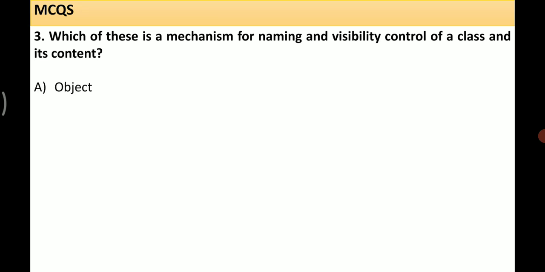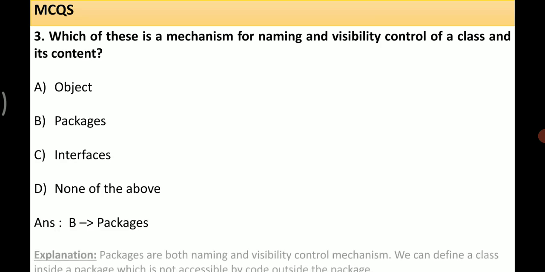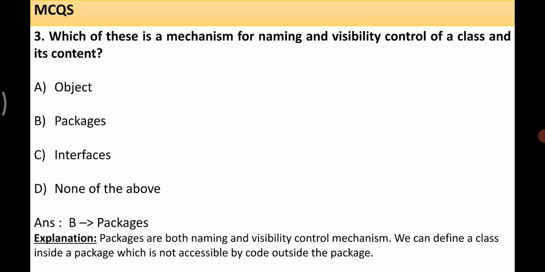The options are object, packages, interfaces, none of the above. The answer for this question is B, that is packages. Packages are both a naming and visibility control mechanism. We can define a class inside a package which is not accessible by code outside the package. So it is a mechanism for both naming and visibility control.